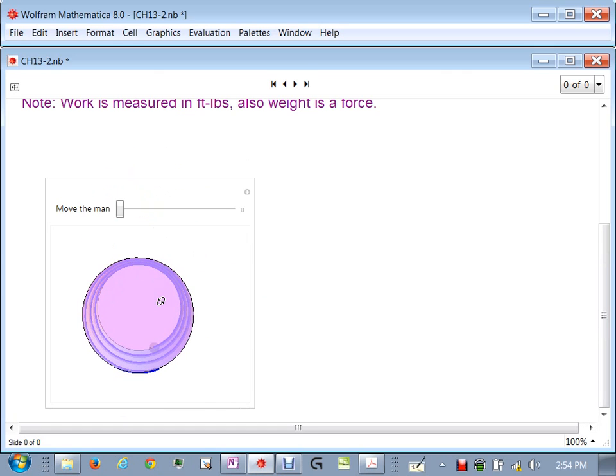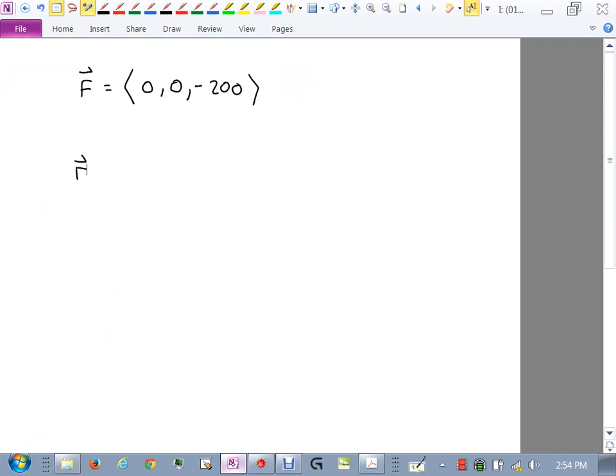It's just a circle in the XY plane with radius 20, right? So I can say that my R of t is 20 cosine t, 20 sine t. Agreed? And my t is going to go between where and where? I have to go 3 full revolutions, which would be t between 0 and 6 pi.